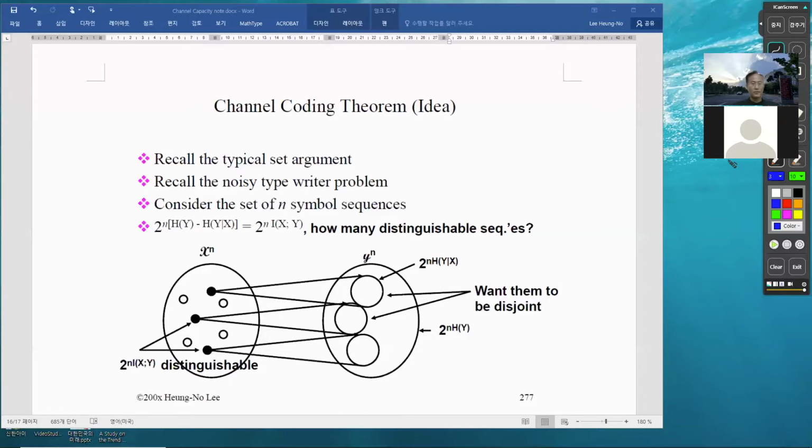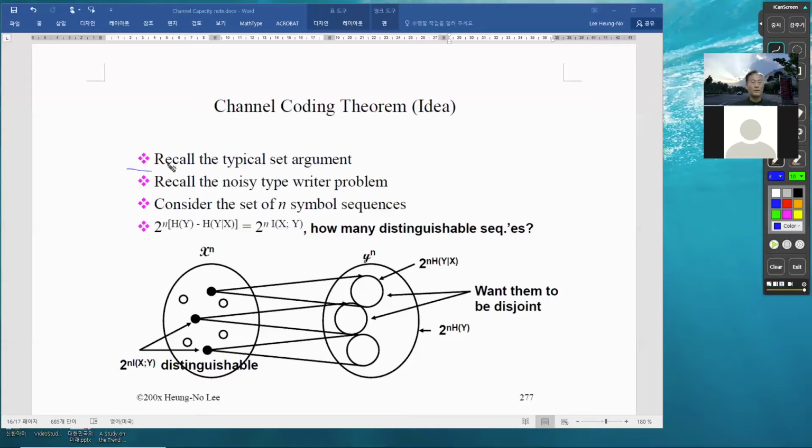In this lecture, I want to give a sketch of the proof of the channel coding theorem. So it gives you an idea why the mutual information becomes relevant. So let's consider the first item.